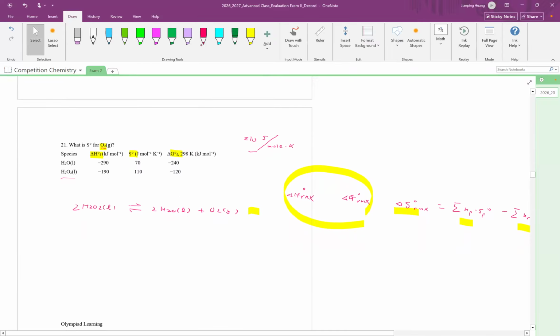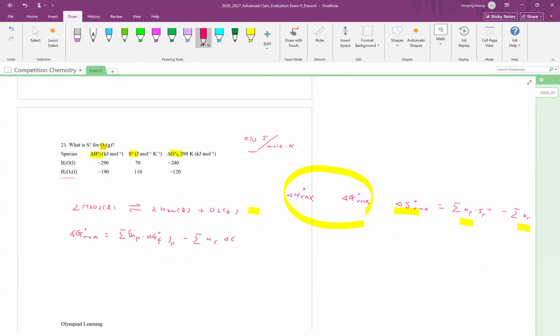Right? So everyone knows that delta G reaction standard equals sum of n_P delta G_f of products minus sum of n_R delta G_f of reactants. You put the number. I calculated for you, okay? And it equals 274 kJ per mole.